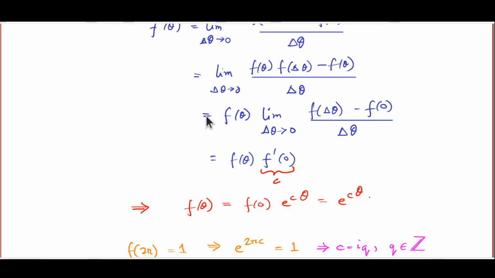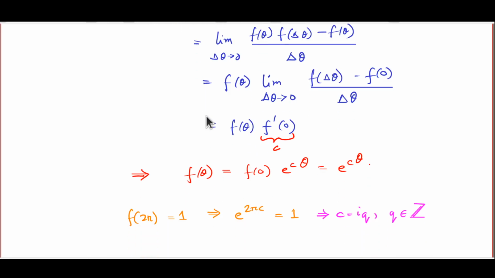However, because we are dealing with real numbers modulo 2 pi, we have this additional restriction. f of 2 pi has to be 1. This immediately gives me e to the 2 pi times c has to be 1. So c has to be i times an integer. And thus, our function f of theta has to be e to the i q theta for some integer q.